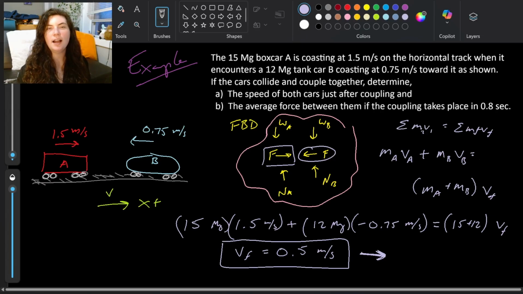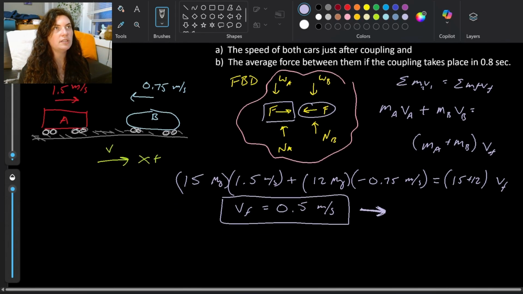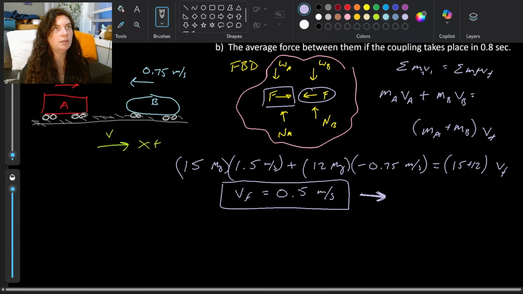So here, we're not going to be able to use our conservation of momentum, but we can use the principle of impulse and momentum, because we're trying to find a force, and they gave us the amount of time that it occurs in. So if we use that principle for just one of the cars.